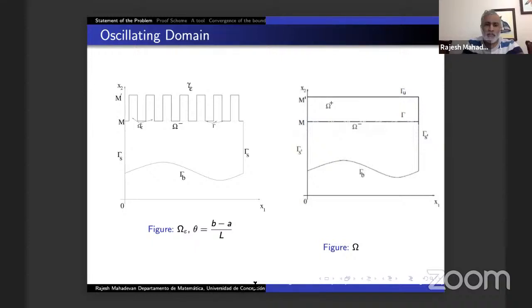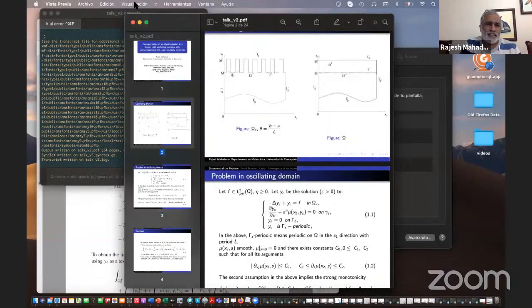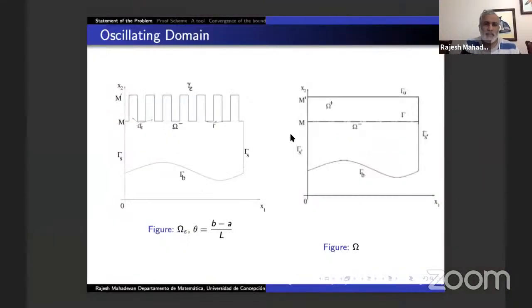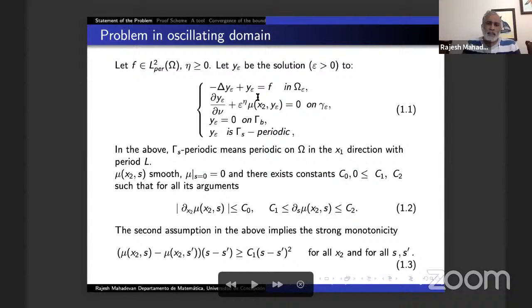The problem we consider is the Laplacian equation with a lower order term to guarantee the ellipticity in some sense.